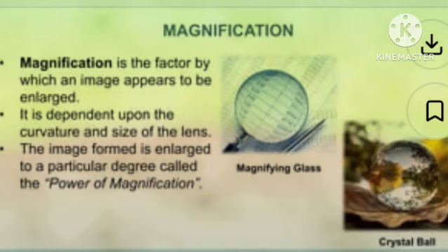So what is magnification? Magnification is the factor by which an image appears to be enlarged. It is dependent upon the curvature and size of the lens.